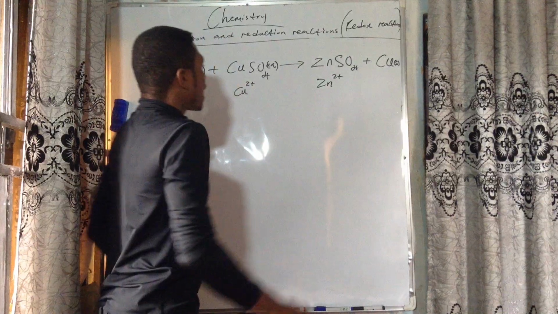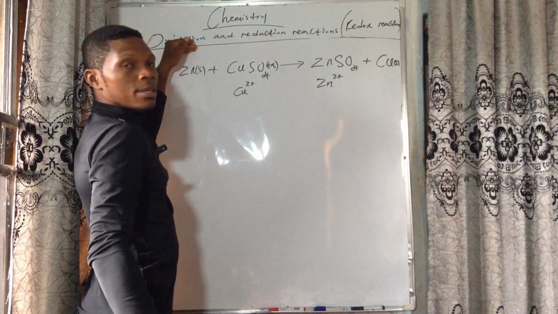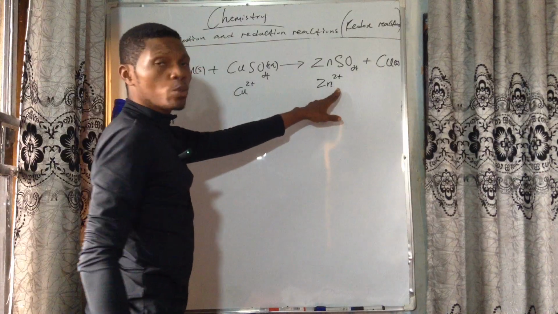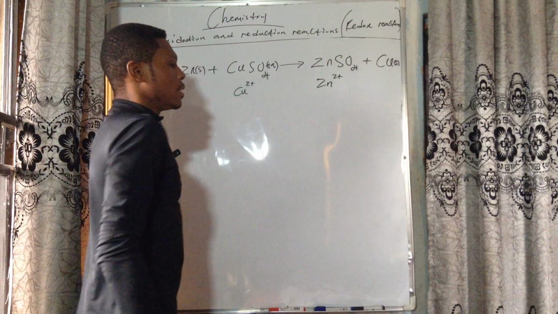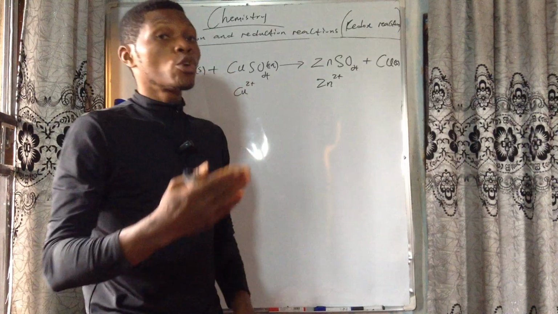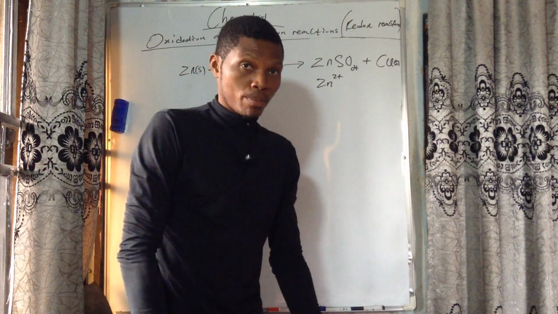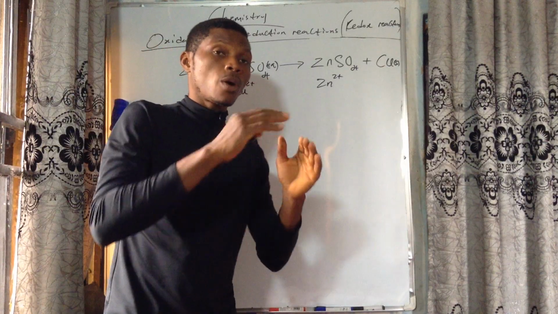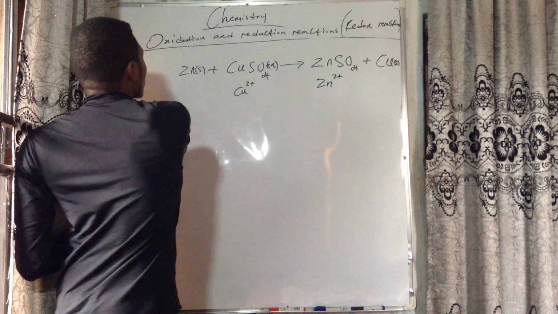And this one increases from 0 to 2+. Do you see it now? So oxidation can also mean increase in oxidation number, while reduction means decrease in oxidation number.